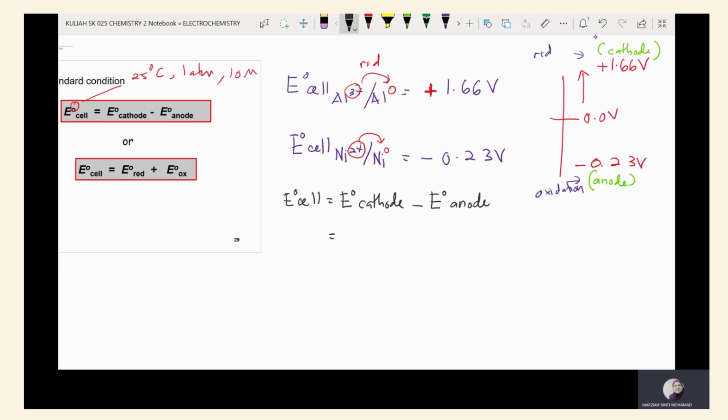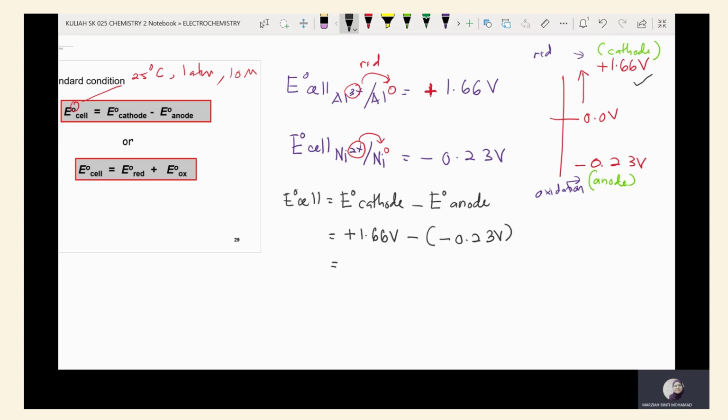My cathode is aluminium, which is 1.66, so I just put positive 1.66 volt, minus my anode, the value negative 0.23 volt.